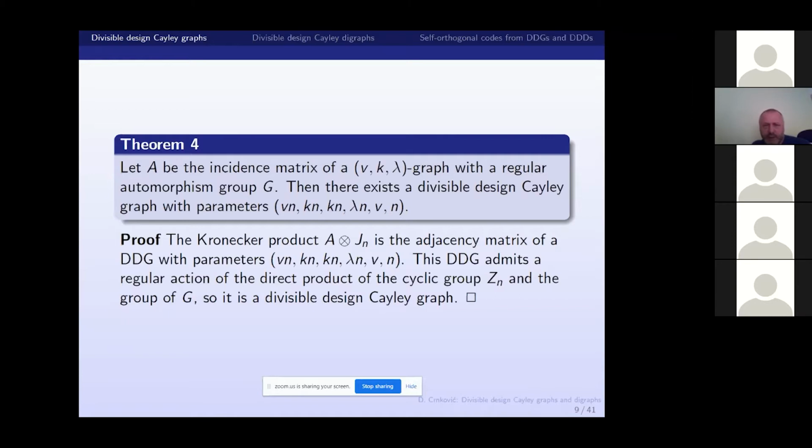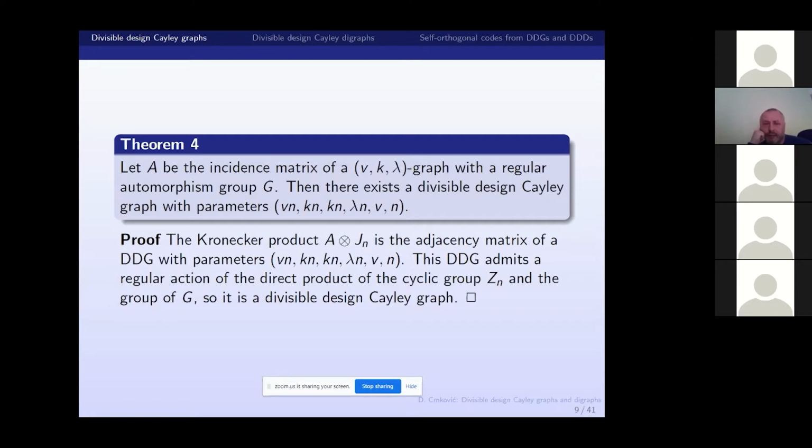So how can we construct such a structure? I said that this is also an obvious construction. We just take a canonical product of matrix A with the all-ones matrix, and this is obviously the adjacency matrix of a DDG with these parameters from the theorem.